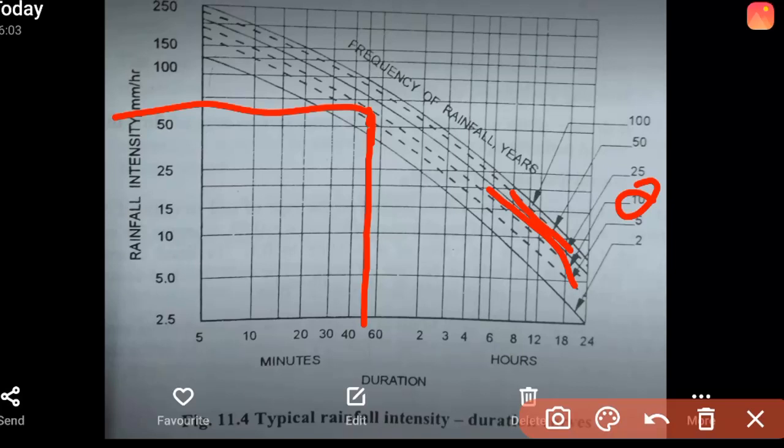So nearly that is 50, 60, 70. In between, this distance is 100. So if it is 100, then how much is this distance? We need to calculate approximately. If it is coming 20 for me, so it is 70. I am taking 70 mm per hour.